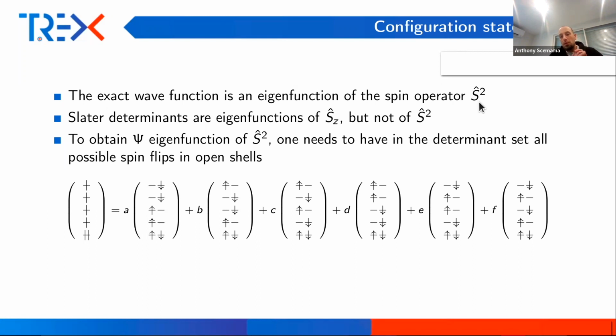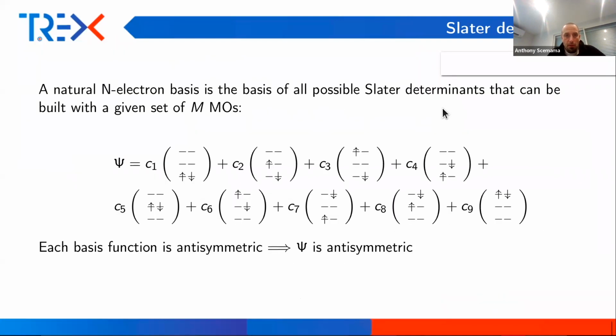Slater determinants are eigenfunctions of Sz, but they are not of S squared. So when you represent your wave function in a basis of Slater determinants, if you take, let's say, this one and this one only, you see that you break spin symmetry.